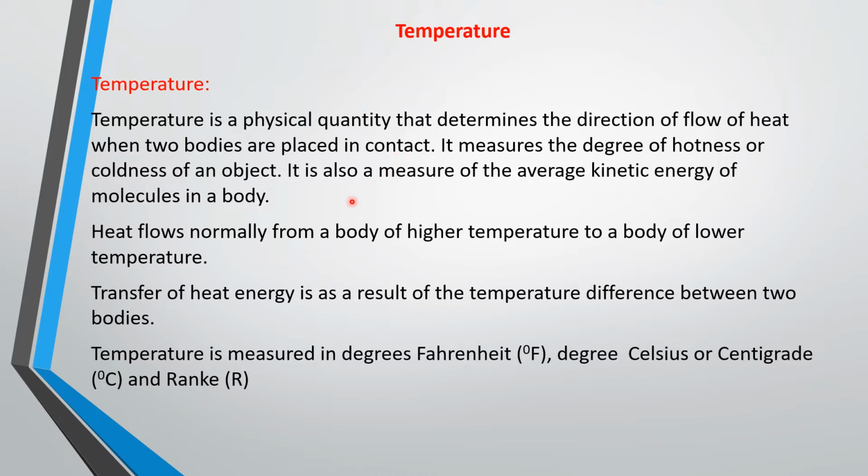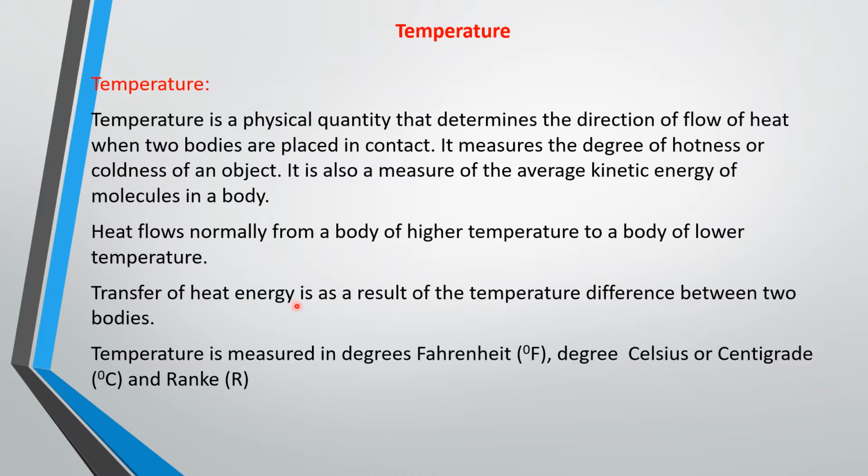And because we are talking about the degree of hotness or coolness of a body, it also measures the average kinetic energy of molecules of a body, because it is the average kinetic energy of the molecules of a body that determines the degree of hotness or coolness of a body. So heat flows normally from a body of higher temperature to a body of lower temperature, right? As I've said, it is because of the existence of temperature difference that makes it flow.